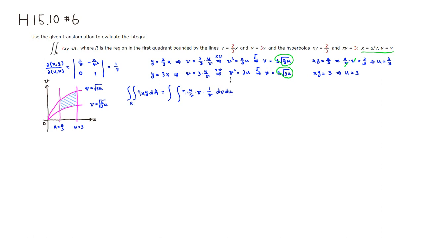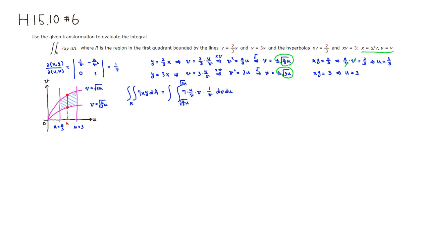du, right? So for a fixed u value, say somewhere here, you can see that the v value starts from here and goes all the way to here. So you know that it's going to start from square root of 2/3 u and go up to square root of 3u, right?